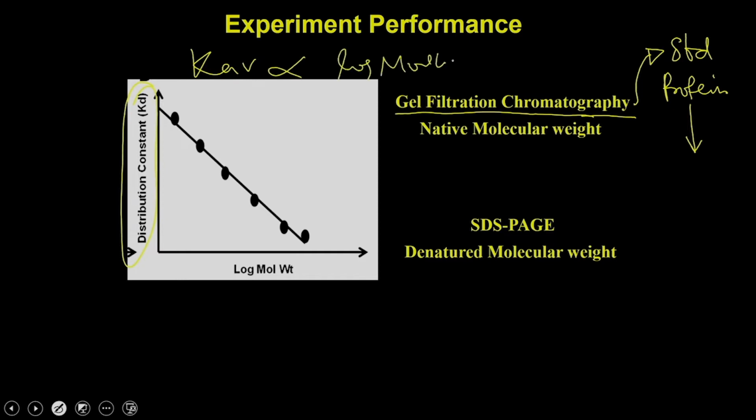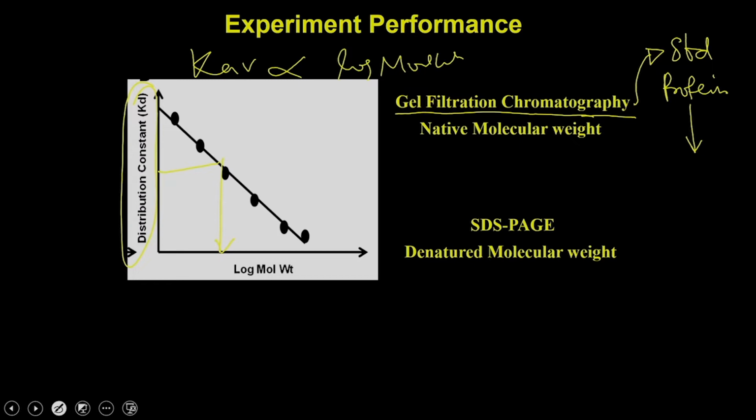Once you know that relationship, you can run your native protein, protein X. Suppose protein X gives you a Kav value of this; that can be used with the help of the calibration curve to determine the molecular weight.